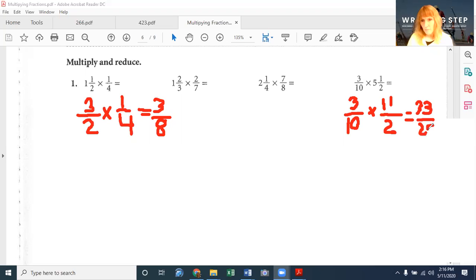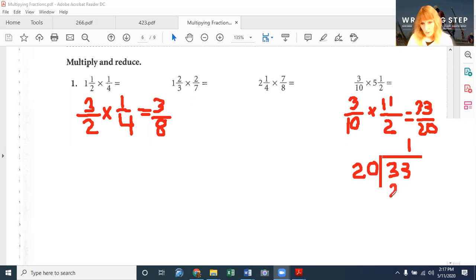And now I have an improper fraction, so now I do have to divide. So now I'm going to make my division symbol, and the number that goes on the inside is the top number, 33. And I'm going to divide the bottom number by that. How many 20s will go into 33? Only one, because 20 times 1 is 20. 20 times 2 is 40.